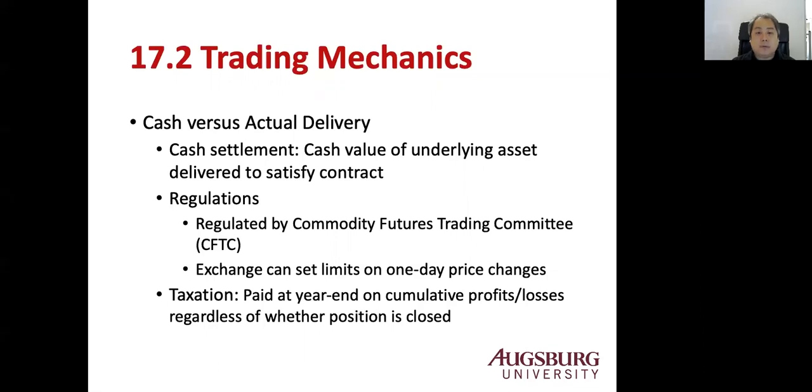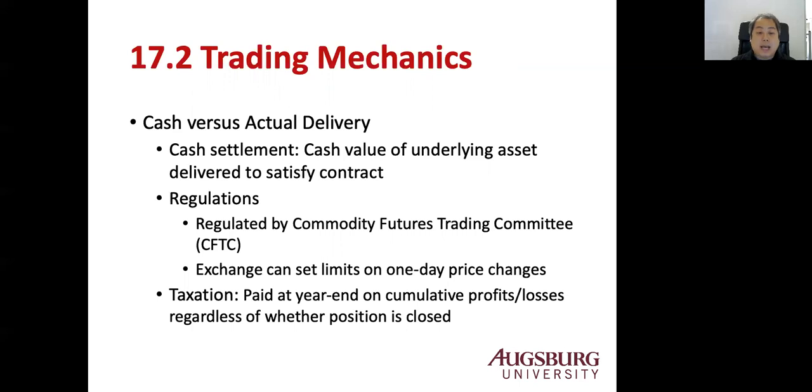These commodity futures are basically traded and regulated by the Commodity Futures Trading Commission, CFTC, and the exchange may set a limit on one-day price changes to avoid large fluctuations, basically. How to pay tax?